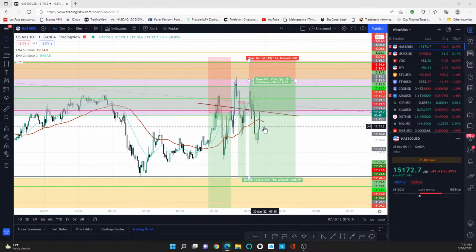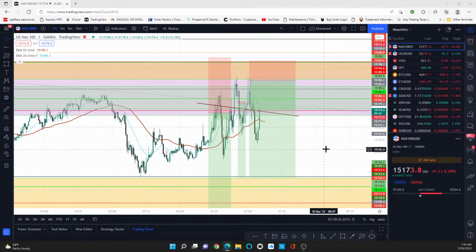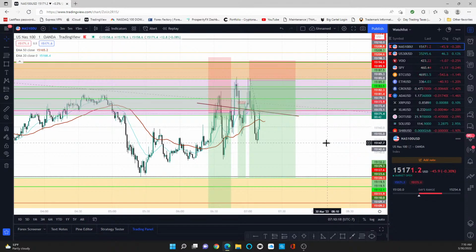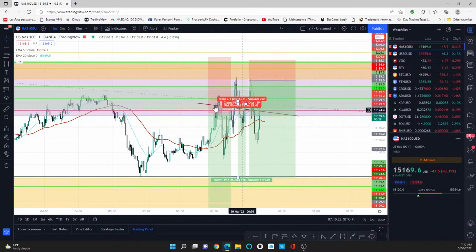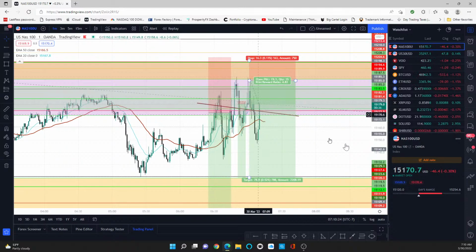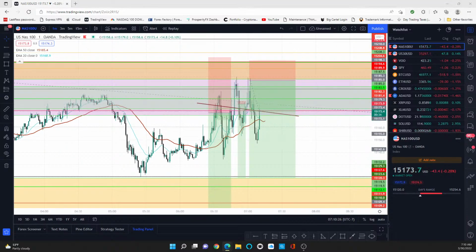Wow. That shit's really flying all the way back. Wow. Let's see if it rejects this. This is key right here, right? This is a key EMA. That's fucking hilarious.